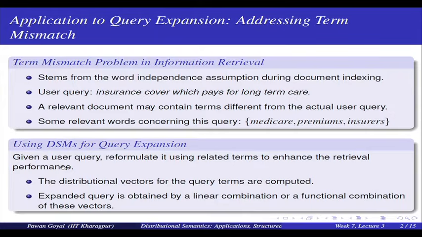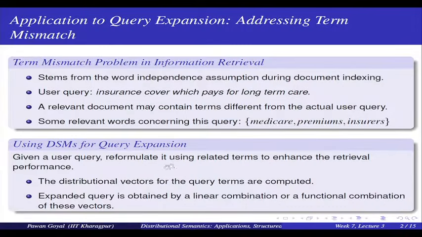So what is the idea? Once the user gives a query, we reformulate it using the terms that are related to the terms that are already there in the query. Find out some related terms and try to use that to improve the retrieval performance. So how do we find out the related terms?